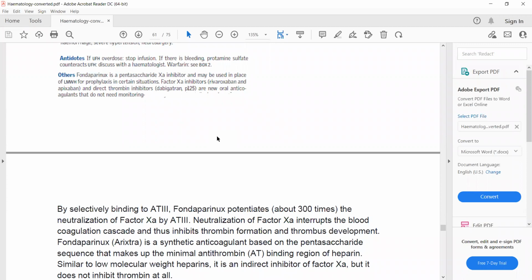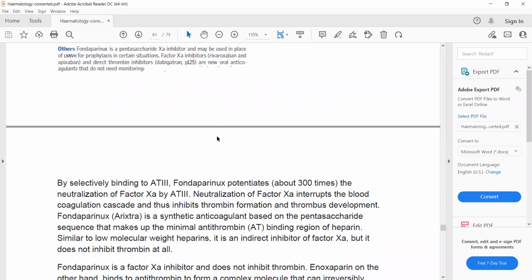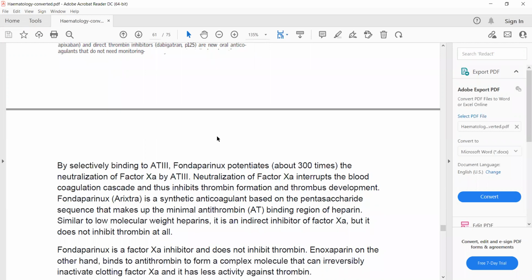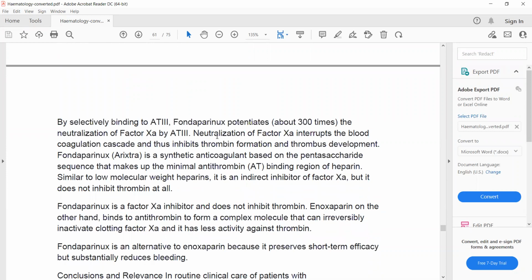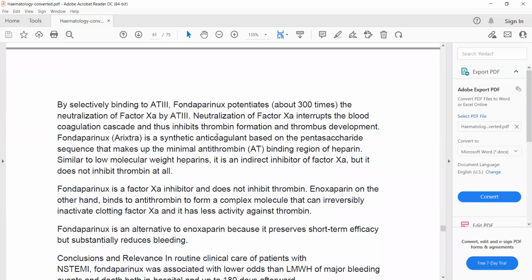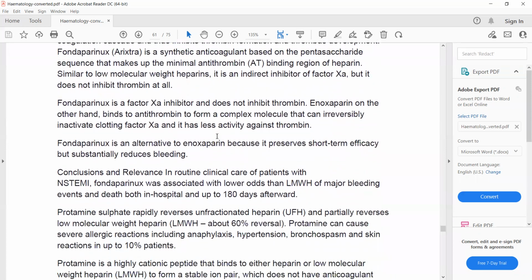The mechanism of action is similar to that of low molecular weight heparin, and the effects of fondaparinux are also similar to low molecular weight heparin. So it can be used in place of low molecular weight heparin. It can be an alternative for low molecular weight heparin.